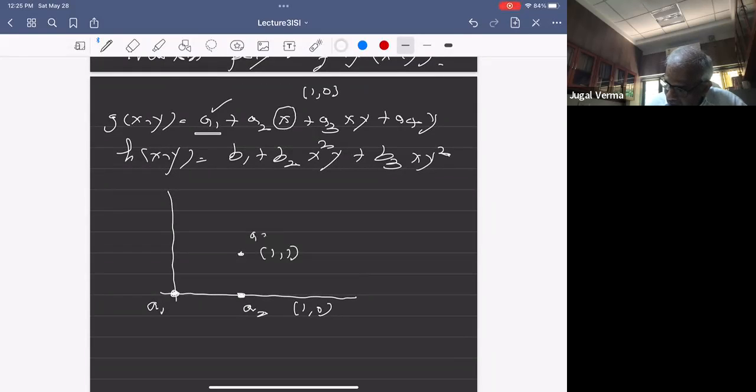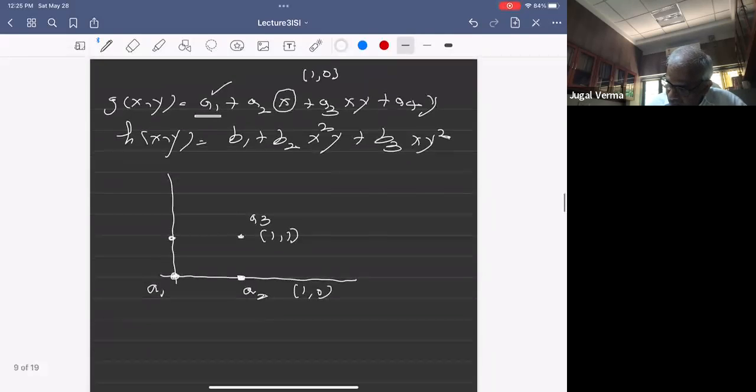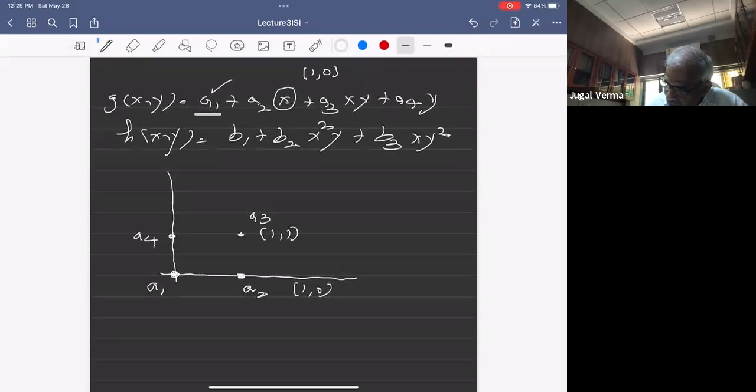I label this as a3. These are just labels. Then a4 y is here. So these are the four points. Then I take their convex hull. So the convex hull is this solid square. That is the Newton polygon of g.